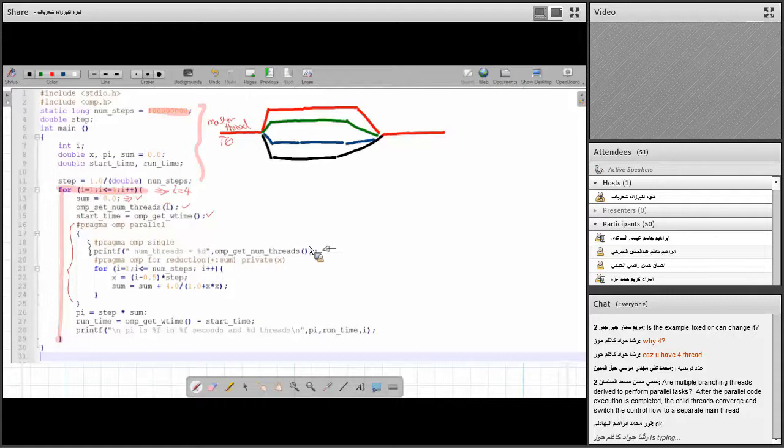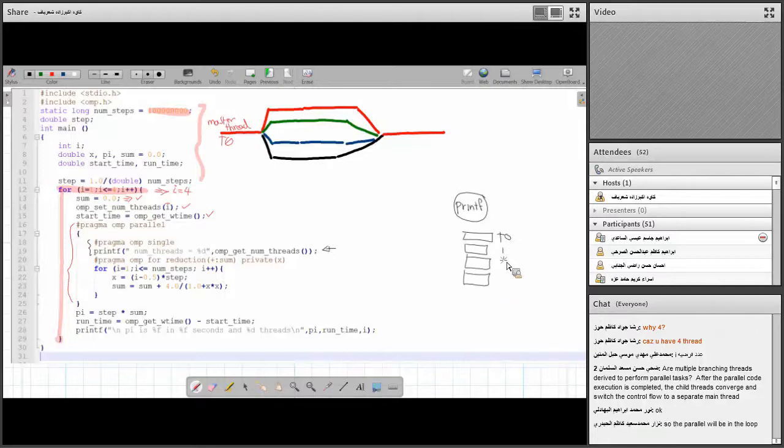If you remember in the previous session, with one printf, all of the threads execute this printf, and we have 4 print results for T0, T1, T2 and T3.